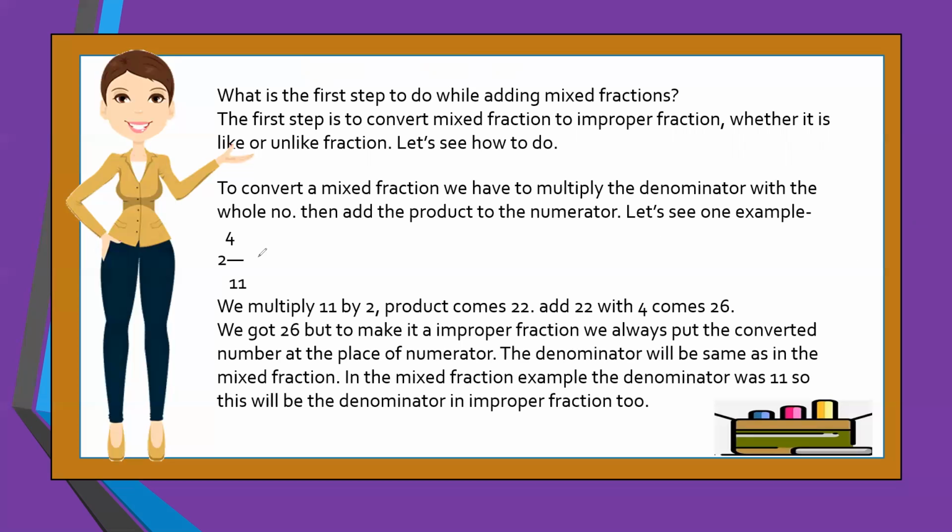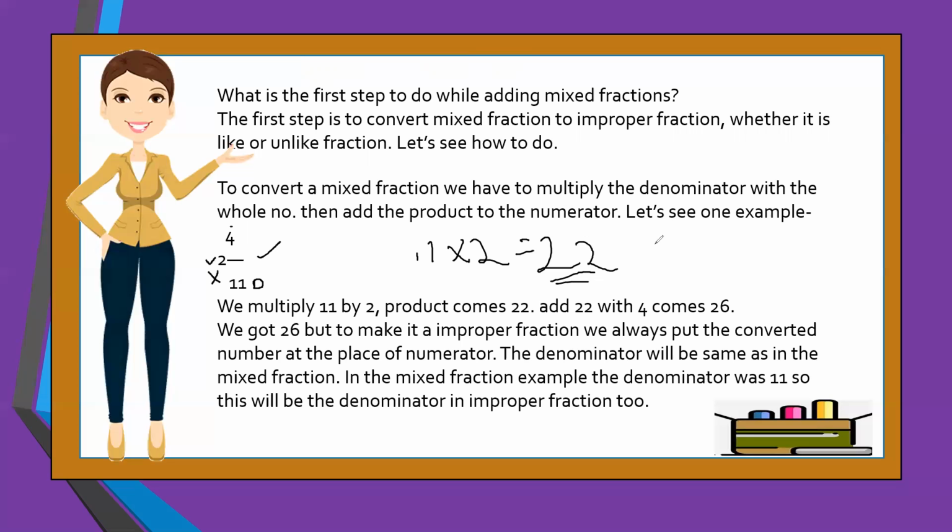Let's see one example. Here is the example: 2 4 by 11. To convert this, we have to multiply the denominator with the whole number. The denominator is 11, and the whole number is 2 here. So 11 into 2 equals 22, and then this product 22 we have to add to the numerator.